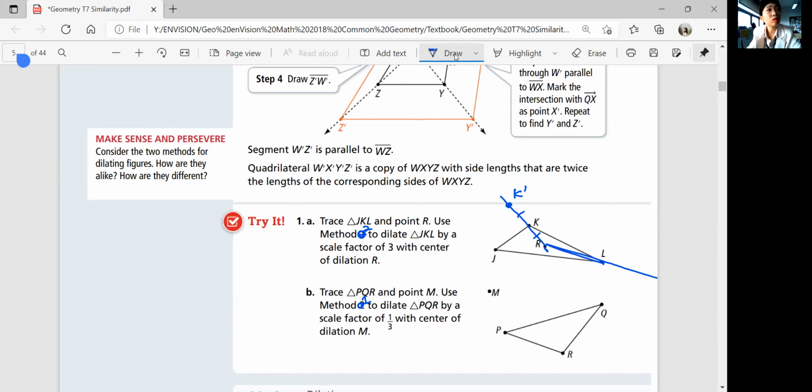You're going to draw a ray through point L, and then put L prime around here, and then you're going to draw a ray through R to J, and that also needs to be the same distance. Okay, J prime. And you need to measure the lengths as you go, right? Because you want the lengths to be equal.